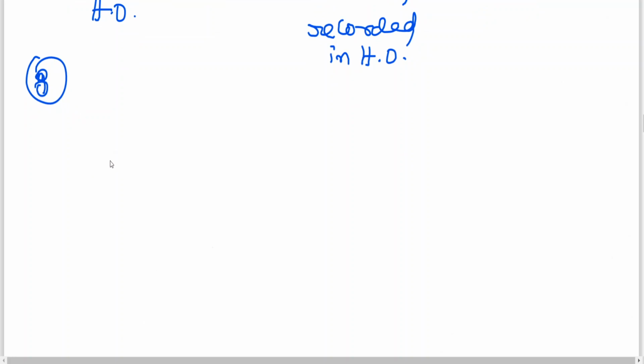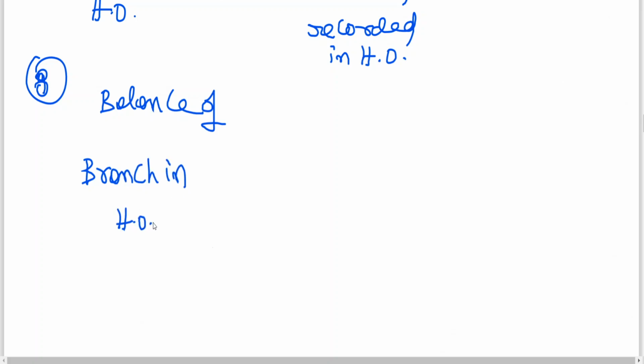Balance of branch in head office account. Actually, balance of branch in head office account means that it is being maintained in a home currency, no? You know that goods have been dispatched, goods have been received, cash has been received, cash has been remitted.